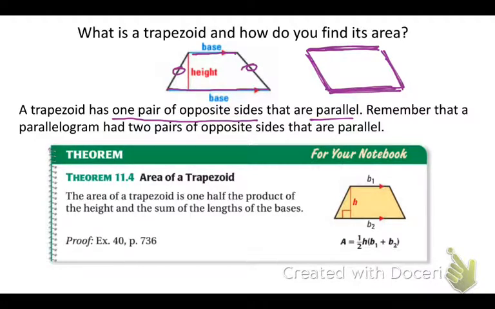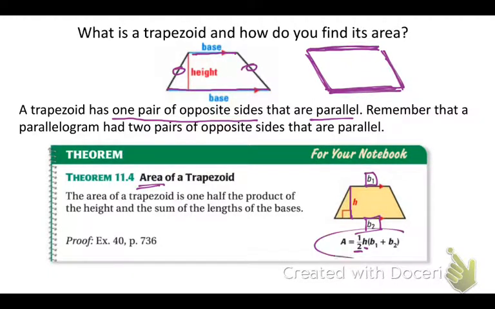So in order to find the area of a trapezoid, it's really simple. You just take 1/2 times the height, which is right there, and times the addition of one base plus the other base.